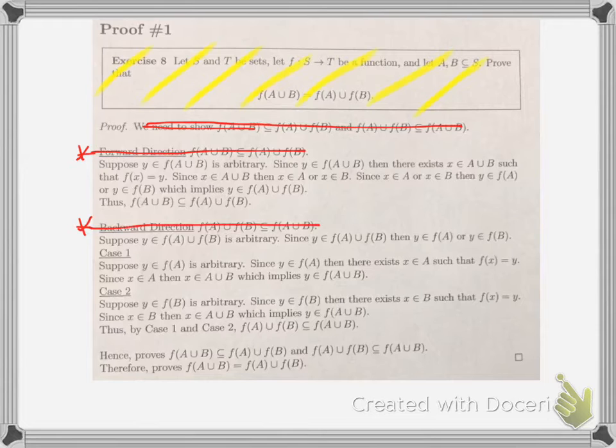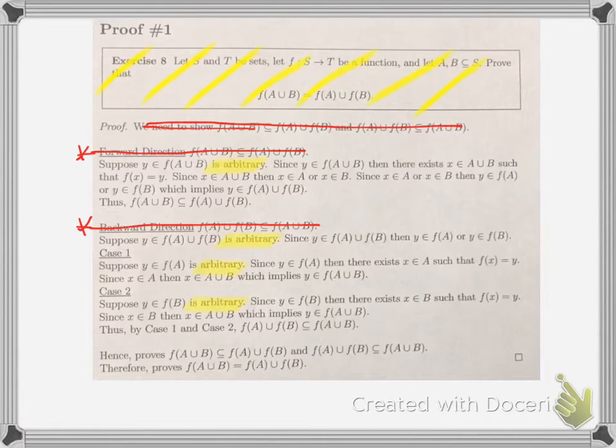All right, next we say suppose y is an element of f of A union B and it's arbitrary. In fact, you'll notice here, here, here, the author's using "this is arbitrary." This is redundant.